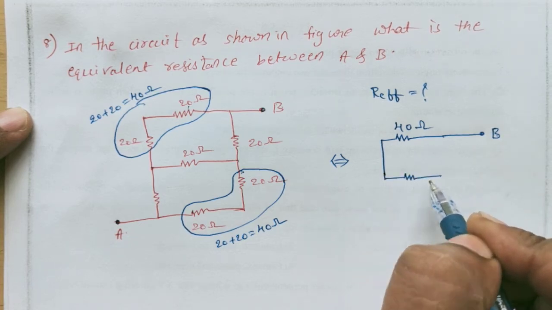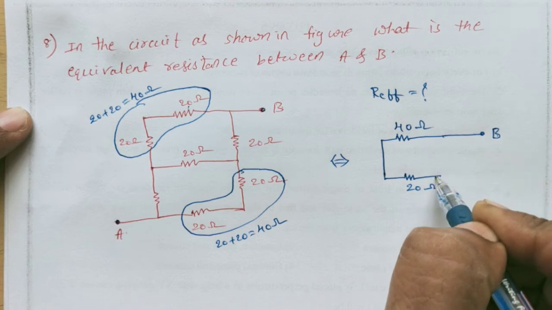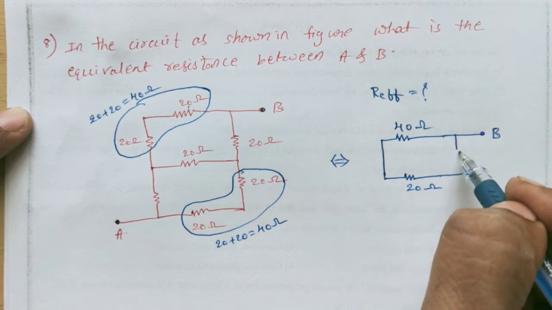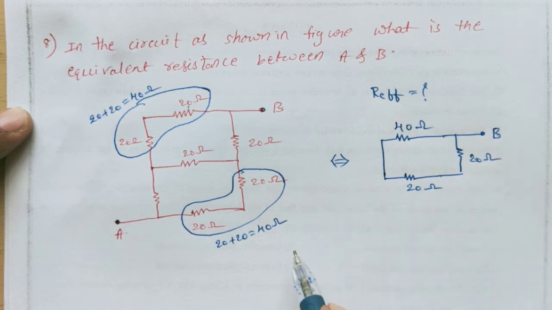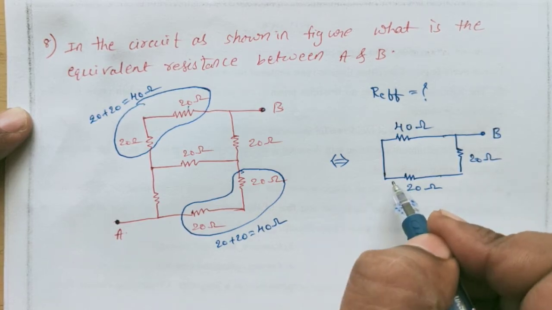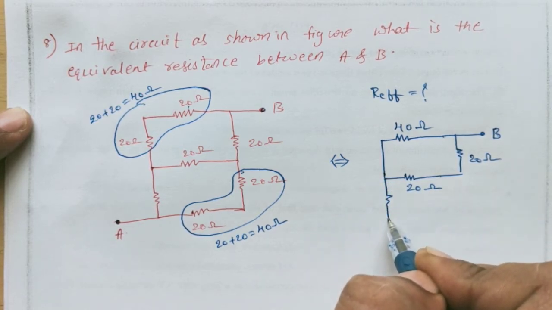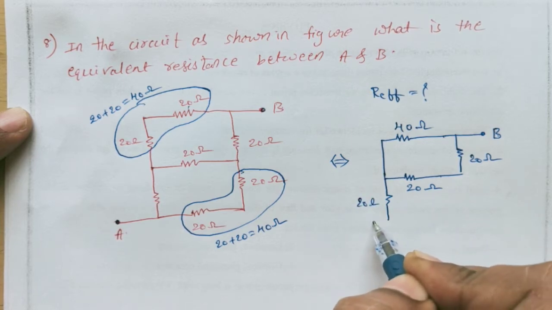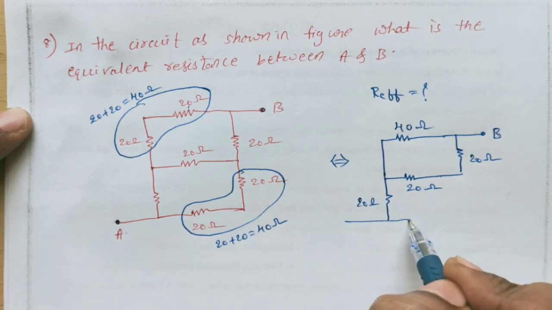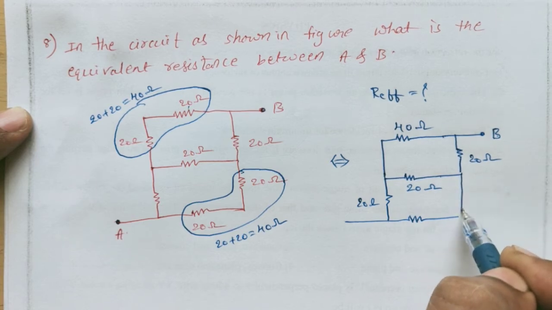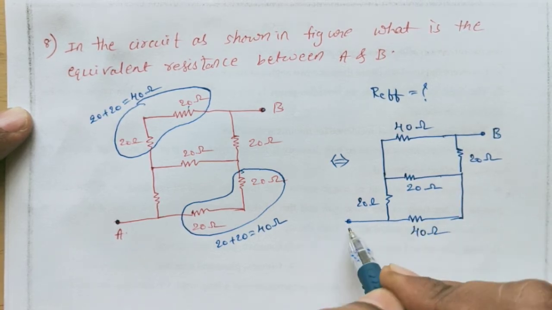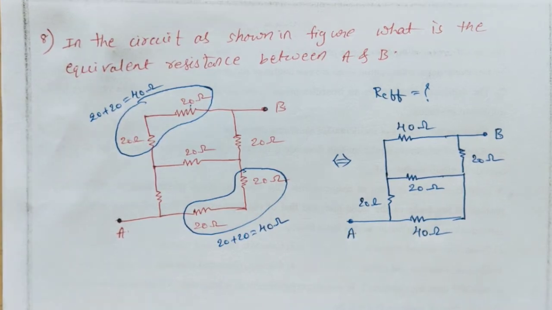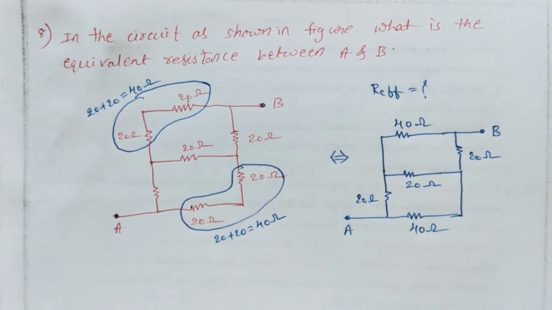So I represent this as 20 ohms, and further one more resistance of 20 ohms is present. In the bottom, already 20 ohms is present, but in this situation only 40 ohms is present, like this. This is 40 ohms. Now this is terminal A I am choosing. This is one equivalent circuit we are representing here.